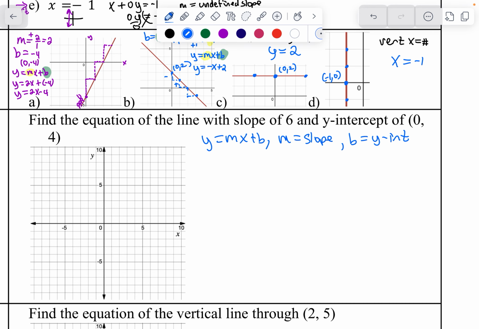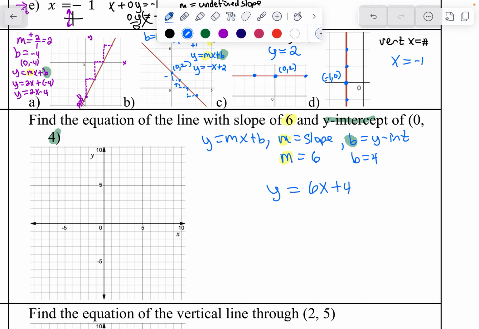They've told us our slope is 6 and our y-intercept is the point 0, 4. So they've told us everything we need to find the equation. Our equation is y equals 6x plus 4.